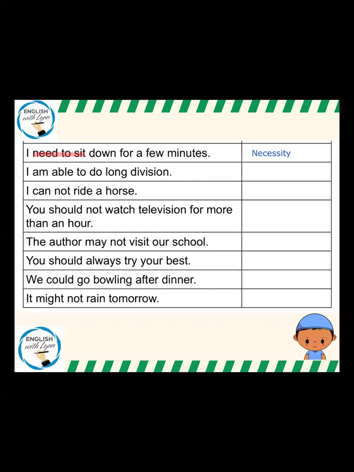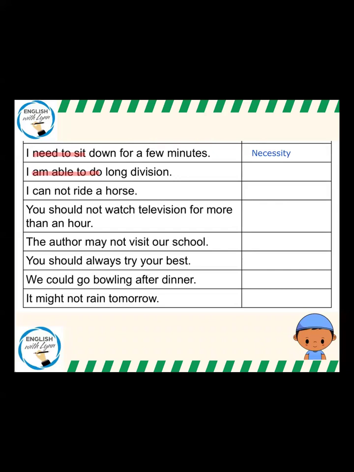So it follows the same rule as the present progressive tense, with is, am and are. Am able is the semi-modal part of it, and then to do is the main verb. I am able to do long division. It shows my ability.